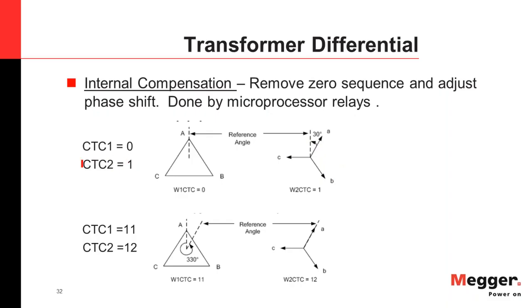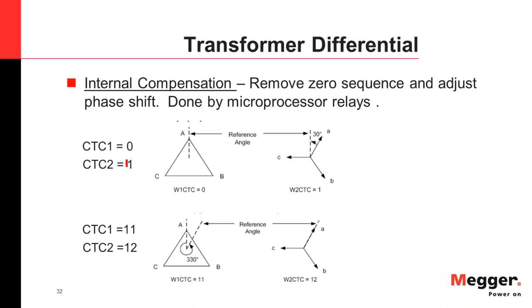With this CTC component, I have taken it from a Schweitzer relay. CTC means CT compensation. With the CT compensation, you're rotating this Y winding in the reference phase. So basically you're compensating the 30 degree phase shift.